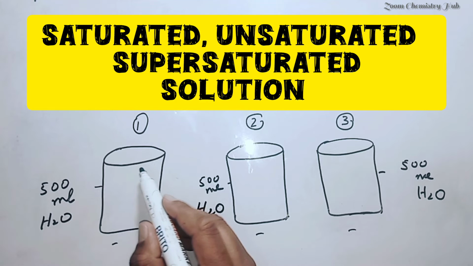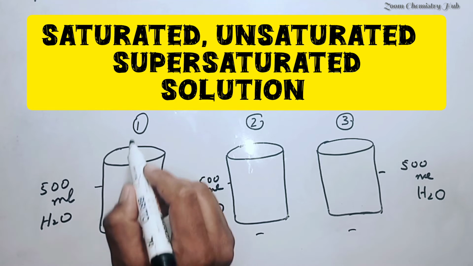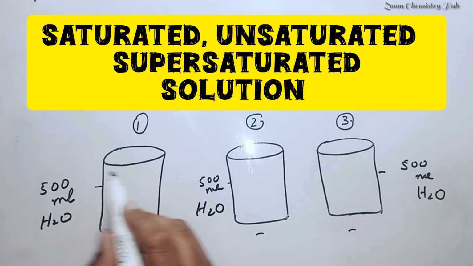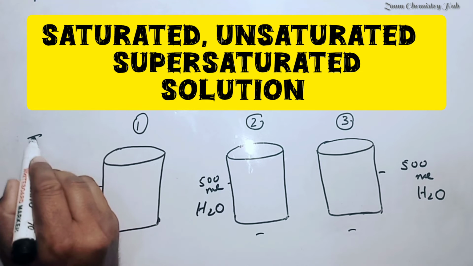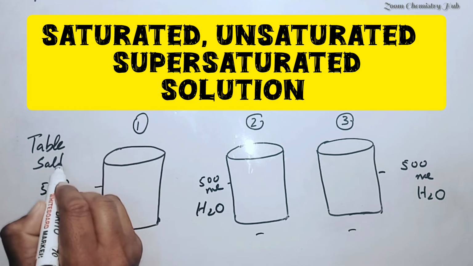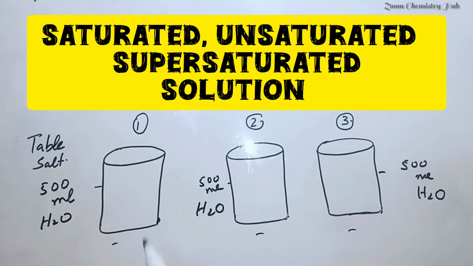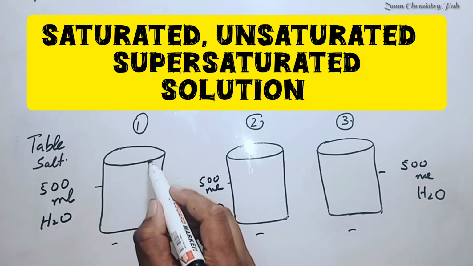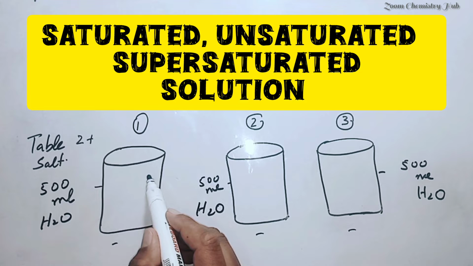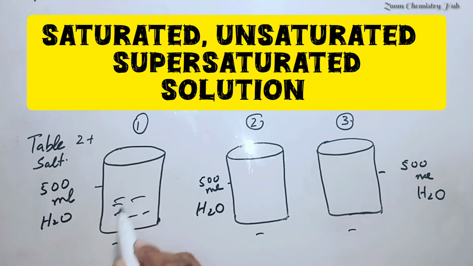After this we will add a table salt in the first beaker. First we will add 2 teaspoons, then these 2 teaspoons will dissolve in this water.